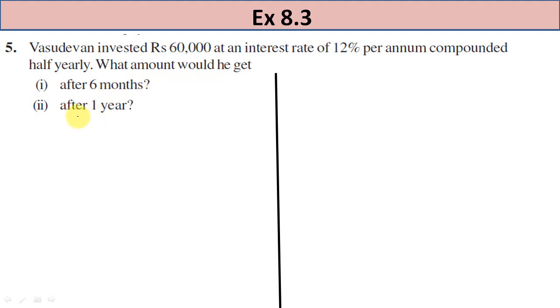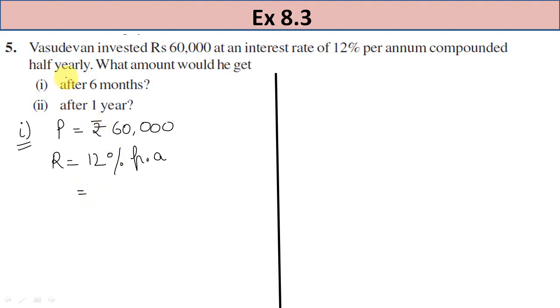So now let's first solve the first part, where the principal is rupees 60,000, the money he invested, the rate is 12% per annum. It is the case of half yearly, so it will be 12 upon 2% per half year, right?